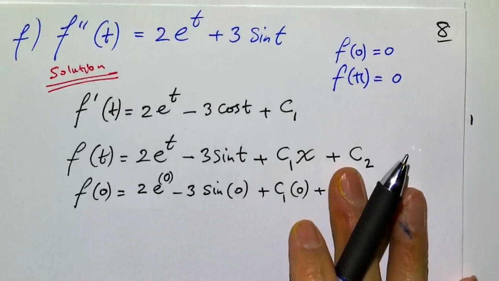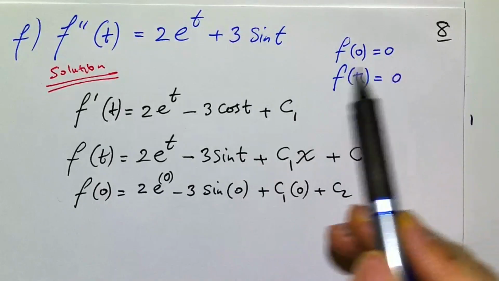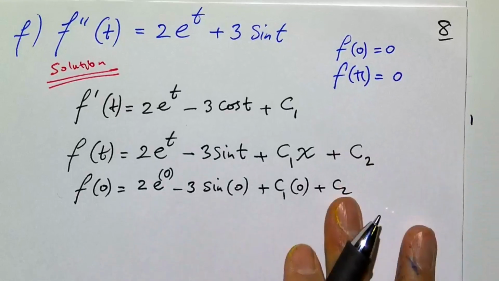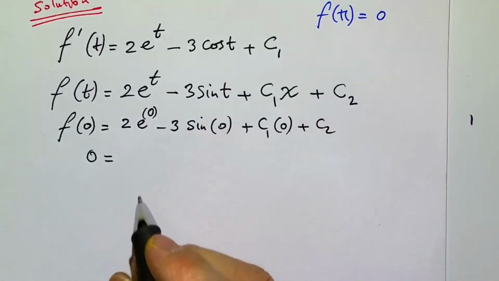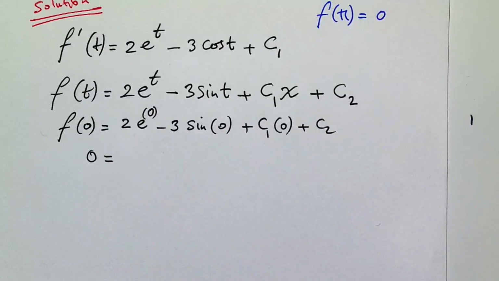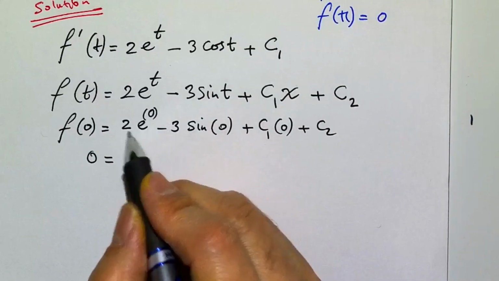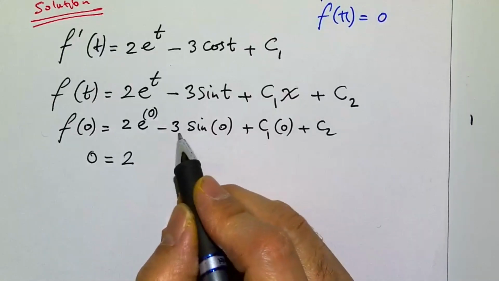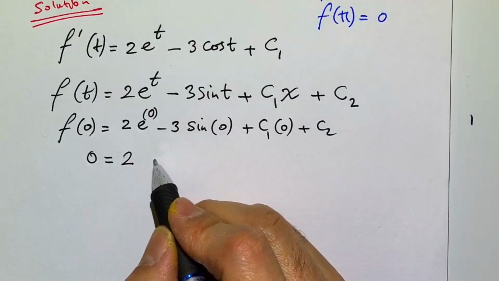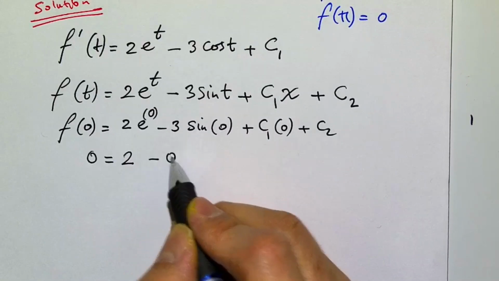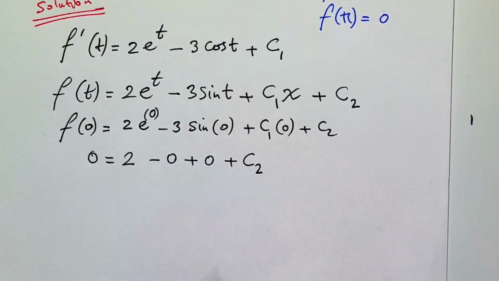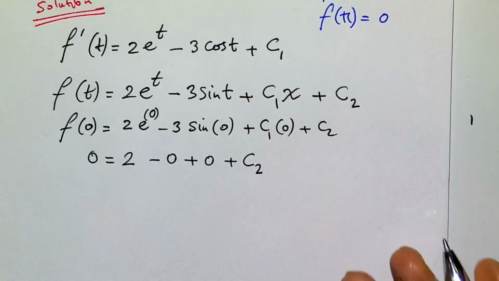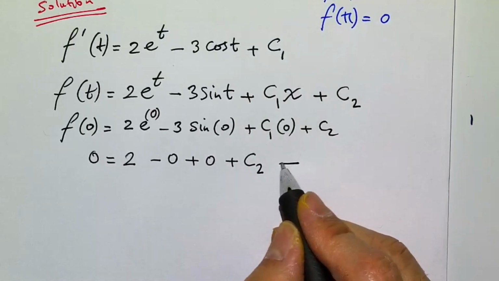We already know that f of 0 is 0, so 0 equals, e to the 0 is 1, 1 times 2 is 2, minus 3 times sine of 0 is 0, so minus 0 plus c2. So c2 is equal to minus 2.